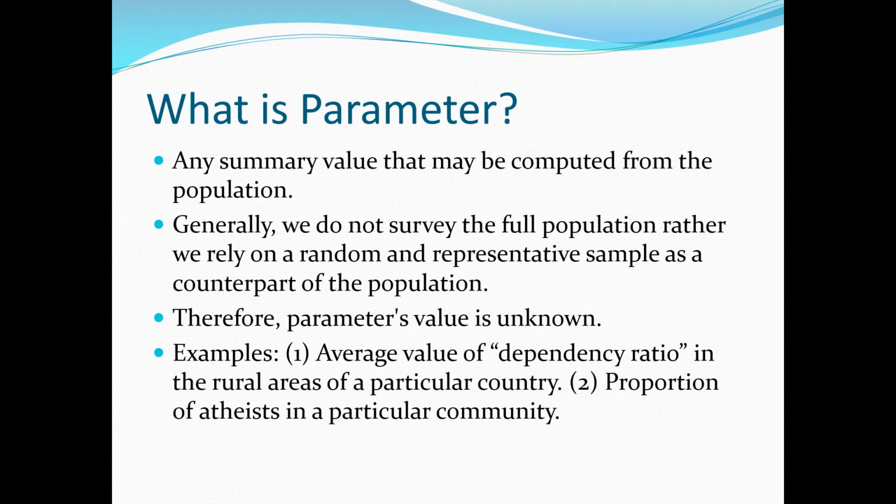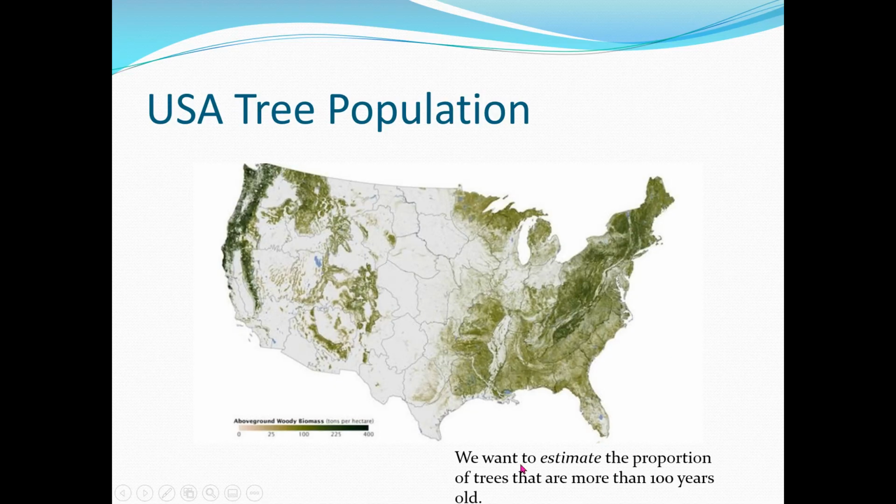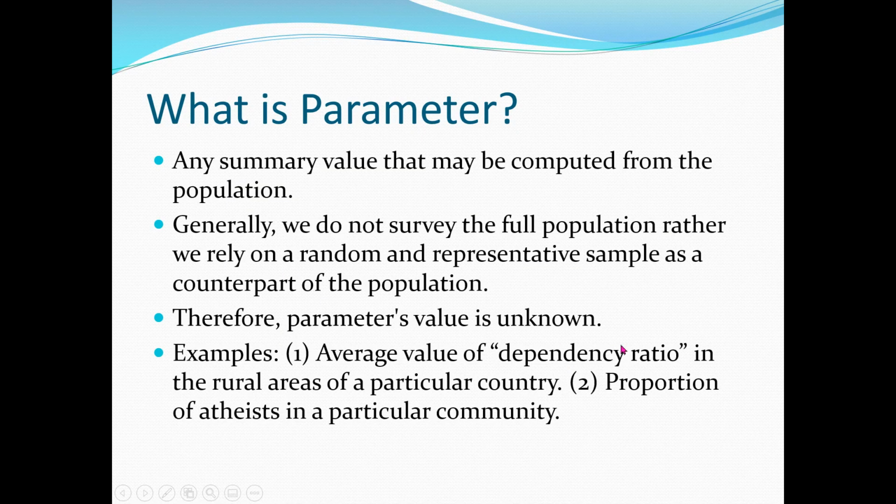If we are not doing the entire population survey, then the value of the parameter is unknown, because we are not analyzing the complete population data. So for example, here my required parameter was the proportion of trees, but I'm not analyzing the age of each and every tree in the population. So the parameter is unknown.